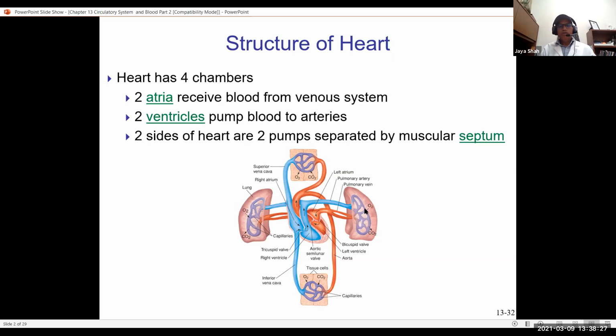Now, once it goes to your lungs, the lungs deliver oxygen. So red blood cells unload carbon dioxide and upload oxygen. And then this venous blood becomes red, rich in oxygen, oxygenated red blood cells, oxyhemoglobin.